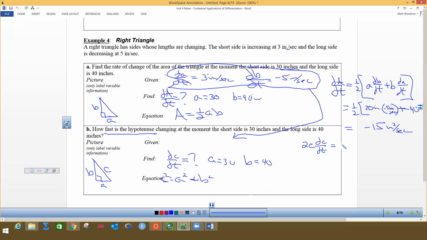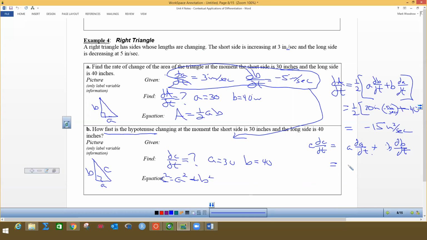And the 2 goes in front of the a, and we're doing the derivative with respect to time. And the 2 goes in front of the b, and we're doing the derivative with respect to time. Now, I would probably divide everything by 2. You don't have to. You can leave the 2 there and divide later, but if we divide everything by 2, it's going to simplify this a little bit. And then we're going to plug our stuff in.